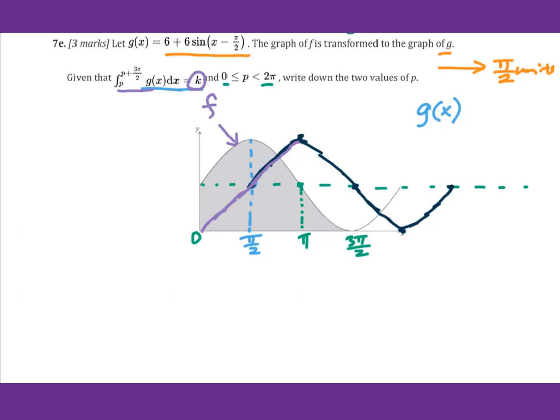So one is pretty easy to get. It's from here to here. This area will be the same as the given shaded area. In other words, p equals pi over 2. There is another area that will be equal to the given shaded area, on this side.